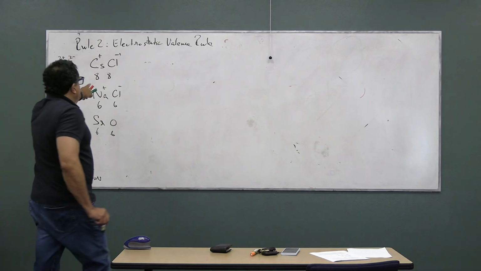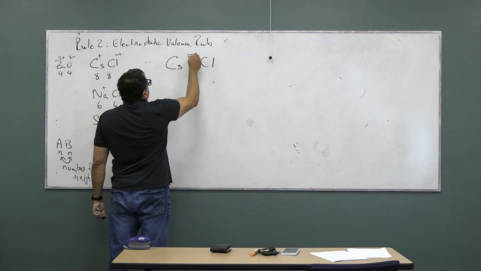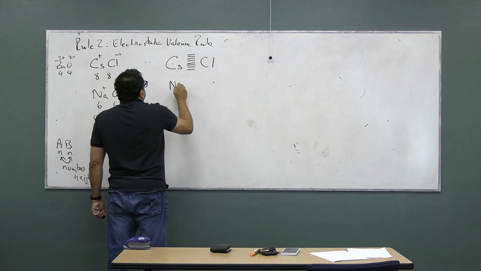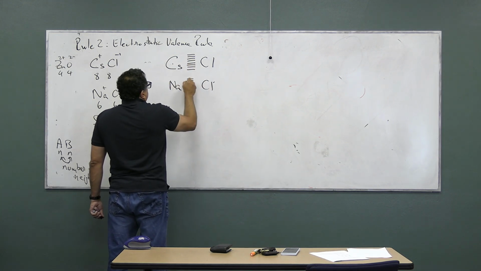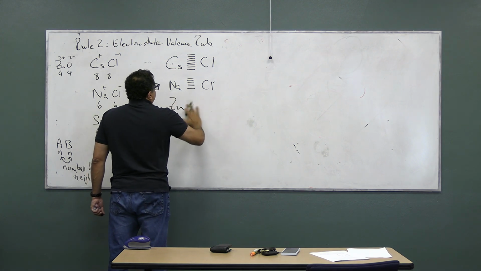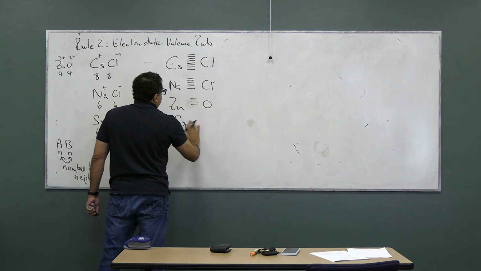So the graph for cesium chloride looks like this. Cs, Cl, 1, 2, 3, 4, 5, 6, 7, 8. For sodium chloride, it looks like 1, 2, 3, 4, 5, 6. For zinc oxide, it looks like 1, 2, 3, 4. For strontium oxide, it looks like sodium chloride, 1, 2, 3, 4, 5, 6.